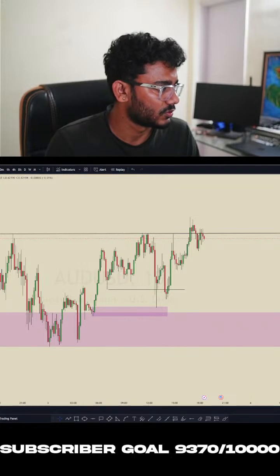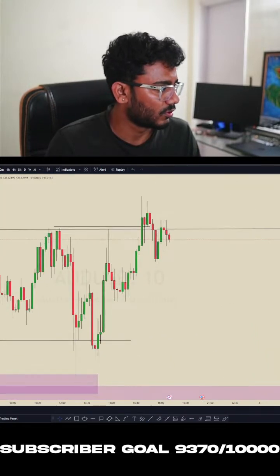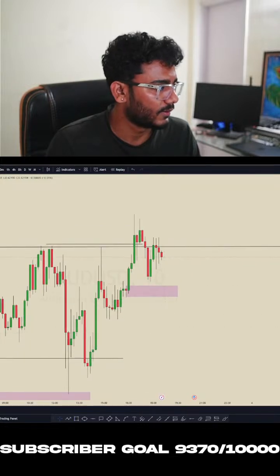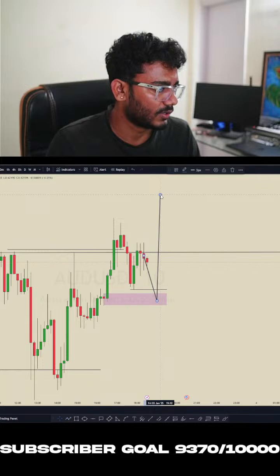So this means that price is continuing to the upside. Again, we can see price broke the structure. There's an order block over here, this one, which is not mitigated yet, and there is a fake high low, which is this one. So I think price will continue lower and it will sweep this lower low, this one, and then can continue to the upside.